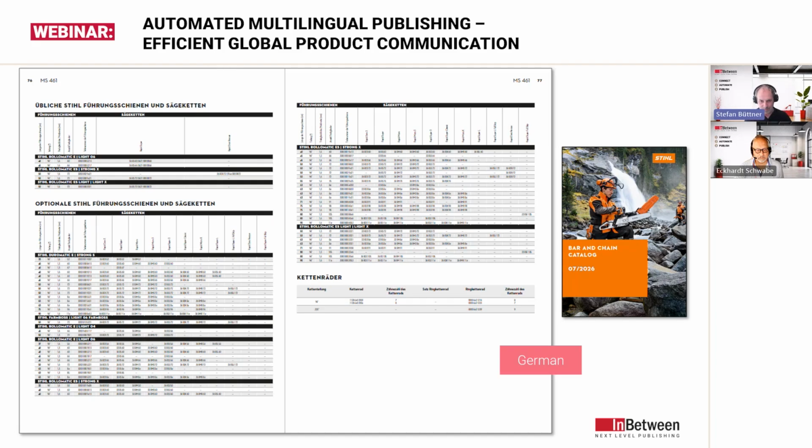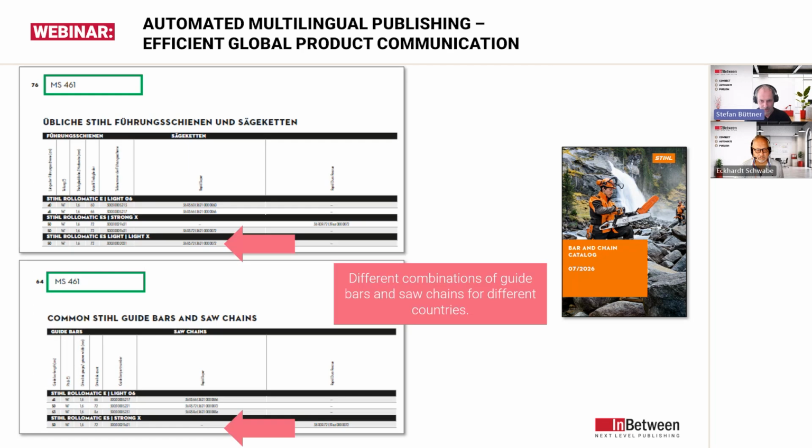And if we go one slide further, then we can take a closer look at the table, and then you can see there is one standard bar, for example, that is called ES Light X, that is available in the German catalog. But if you take a look at the bottom in the English version, it's not available.